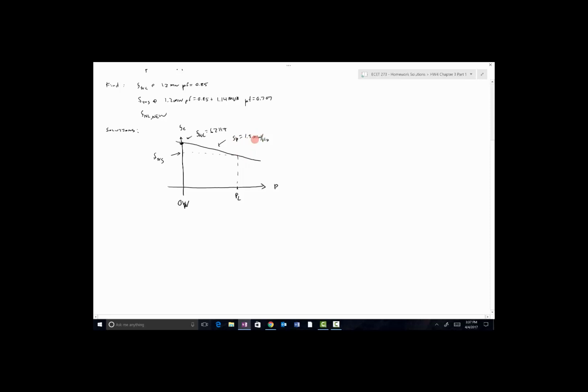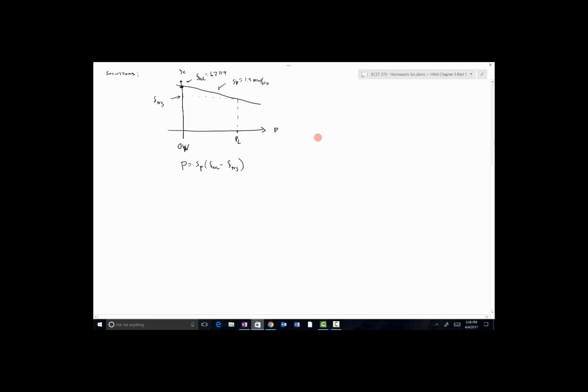The formula that governs this plot is that the power sourced by the generator is equal to the frequency droop characteristic times the generator set point minus the system frequency. P equals SP times F_NL minus F_sys. So that's the information we need to have to start solving the problem.